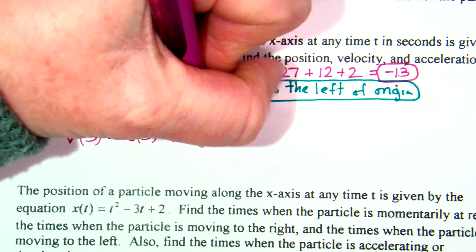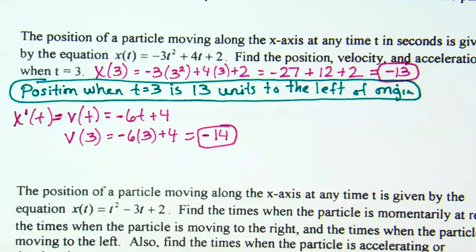What does that negative 14 mean? Did we give any label? We're given seconds, so it's negative 14 units per second. If you look up above, notice the particle is moving backward or left when the velocity is negative.